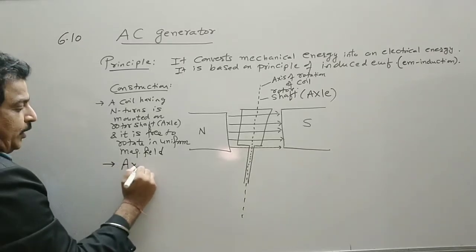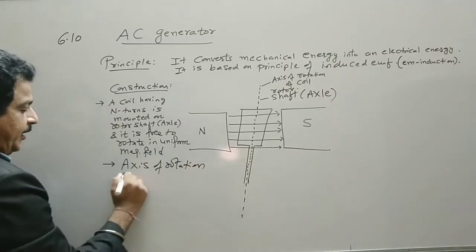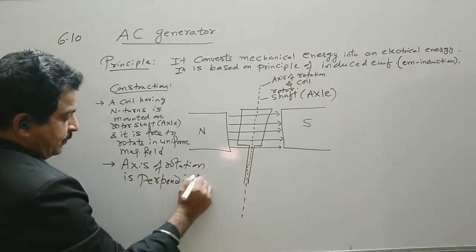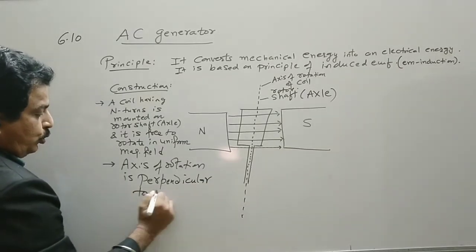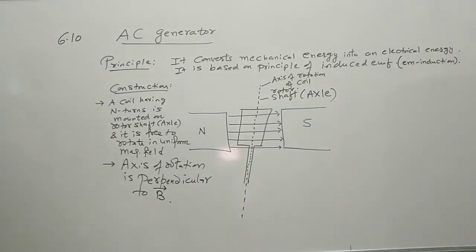The axis of rotation is perpendicular to the B vector. So this is your axis of rotation.